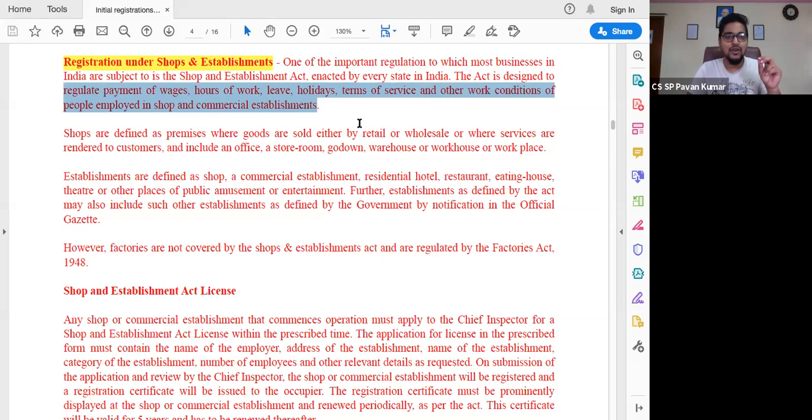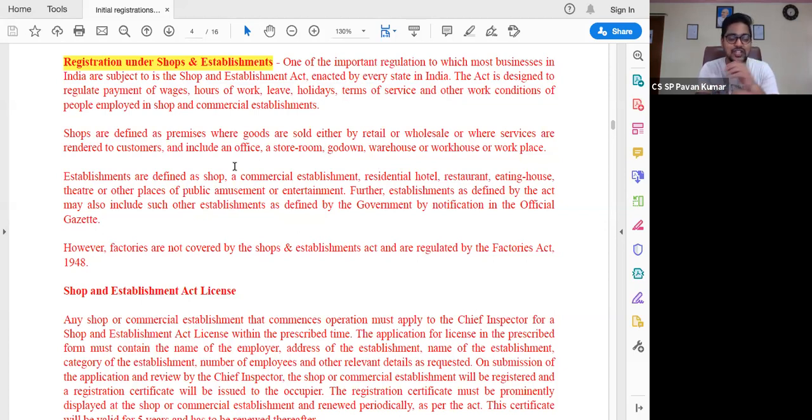So whenever I talk about shop and establishment, we have to know what a shop is and what an establishment is. That is what has been defined here. Shops are defined as premises where goods are sold either by retail or wholesale, where services are rendered to customers, and includes an office, a storeroom, a godown, a warehouse, or workhouse or a workplace.